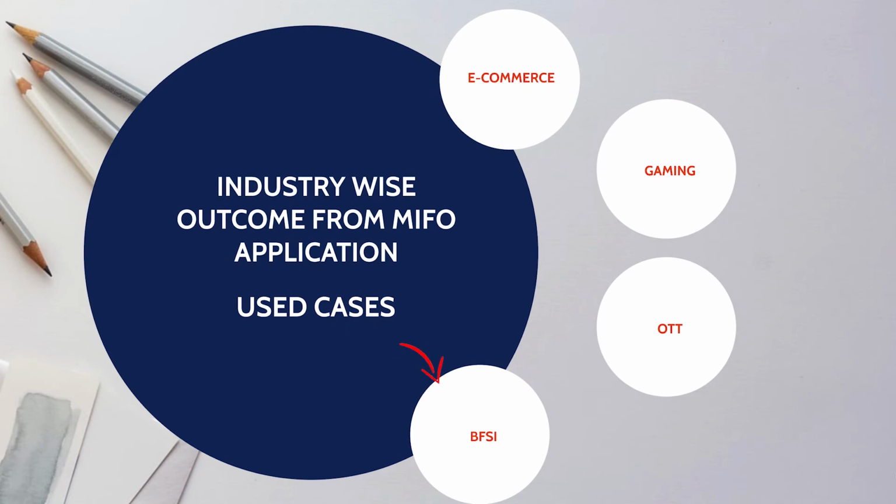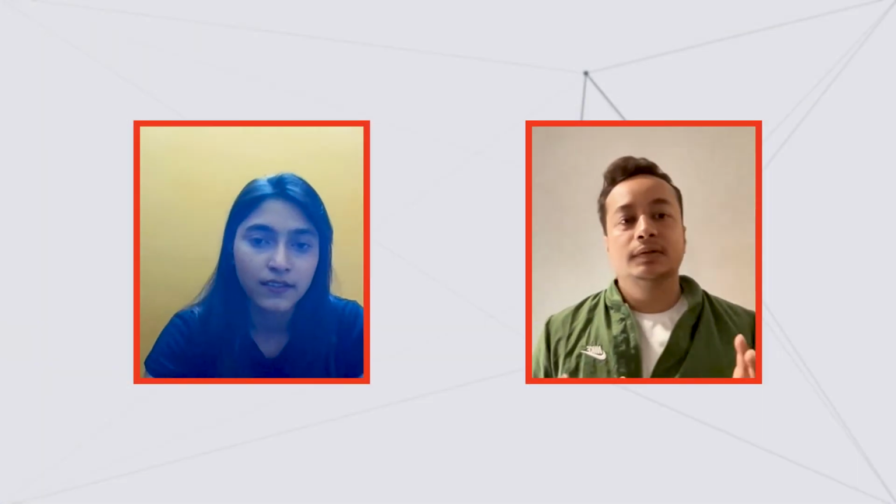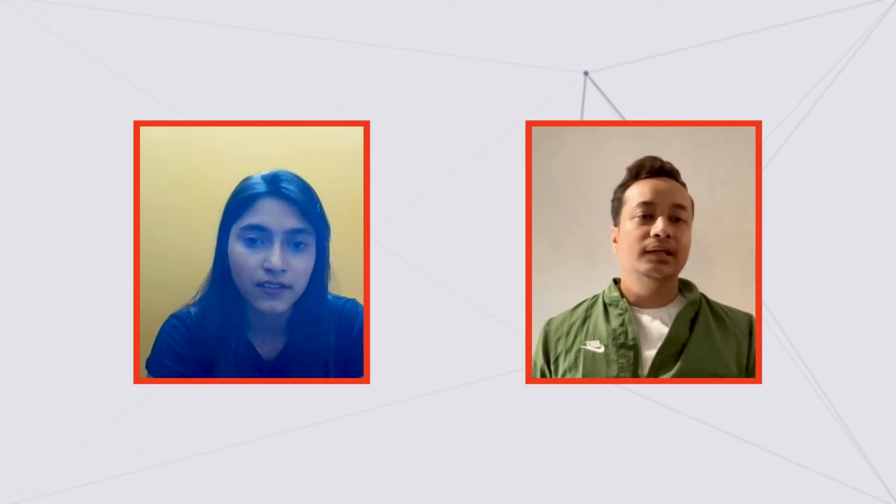And the next one is BFSI. So for BFSI, for any company in that domain, there are multiple products that people will engage with, right? So they will acquire the customer on a particular product, and they will have a larger portfolio of products that will be relevant for that same user, right?